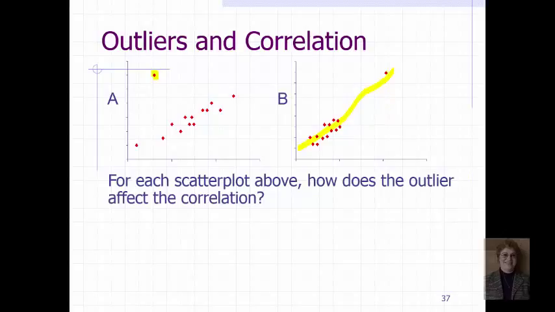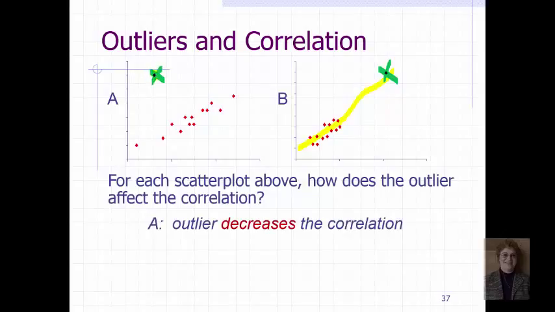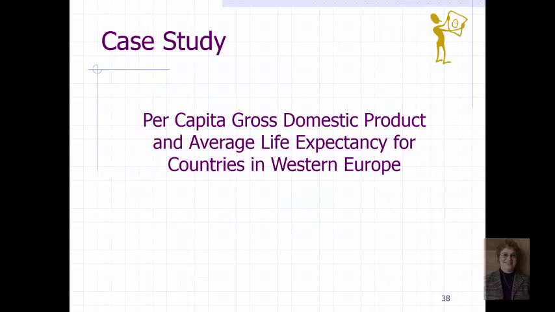So both of these relationships would be much better if we would eliminate this point. This one would be an outlier, while this one is going to be an influential point. A is an outlier because it decreased the correlation, while B increased the correlation.